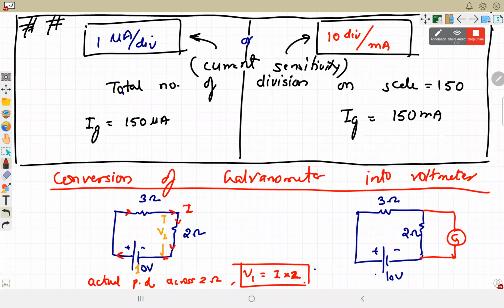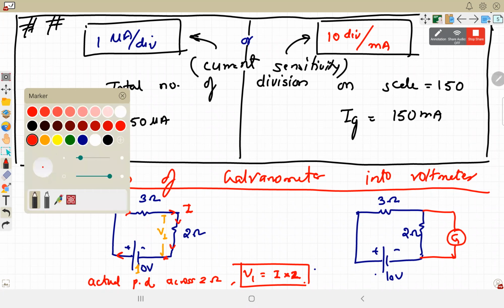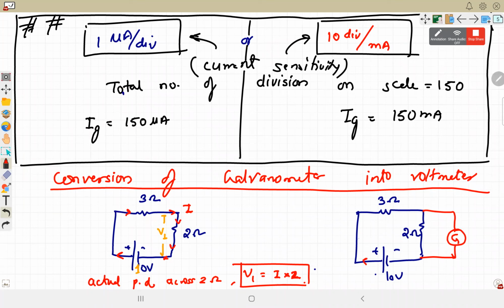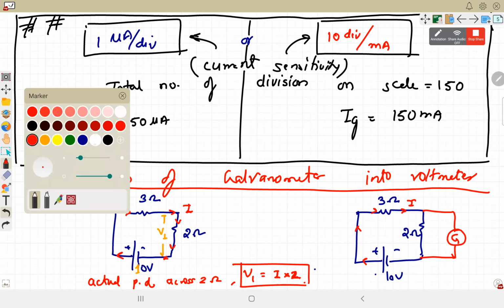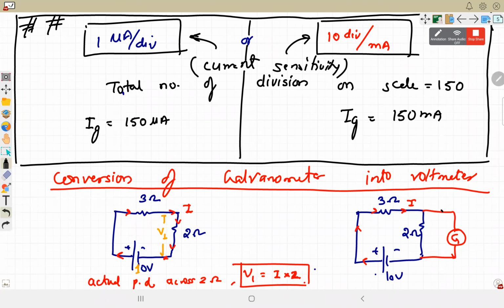What happened then? Because of the galvanometer connected in parallel, the current is divided. The current that was earlier going through this 2 ohm, that total current I, will now be divided into branches.